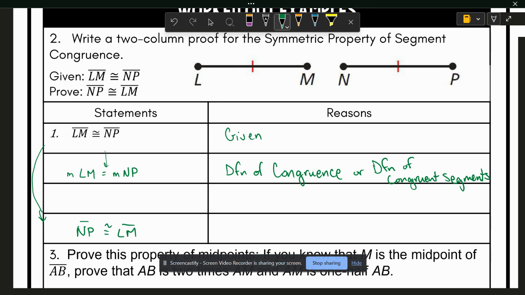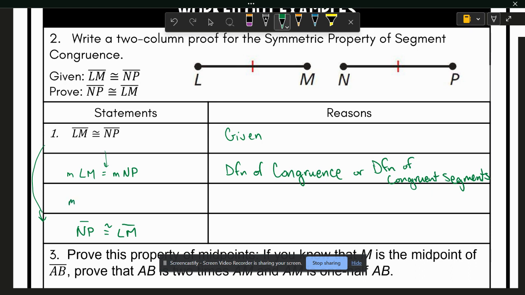Notice how they're both on different sides. What would you call that in order to go from one side to the other or switch back and forth? It's not reflexive. Reflexive is a good guess, but it goes along with those. There was reflexive. There was symmetric. Symmetric. Good.